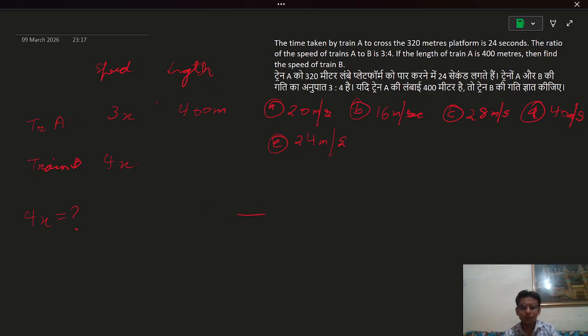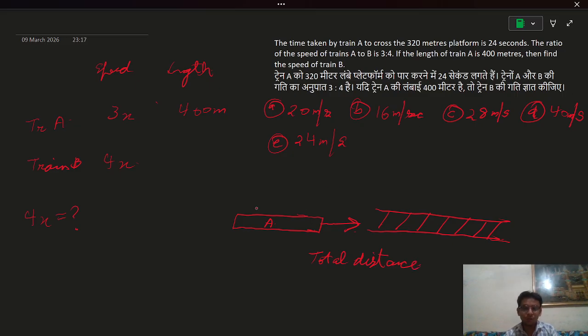Now suppose there is a train. There is this one train. Let's mark it as A, and this is the platform. This is the entire platform. If the train moves like this, crossing this entire platform, what will be the total distance the train will travel?